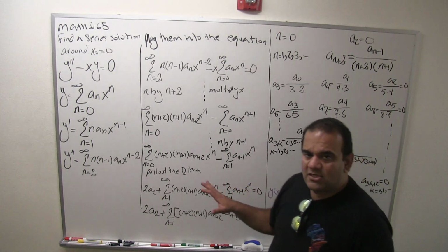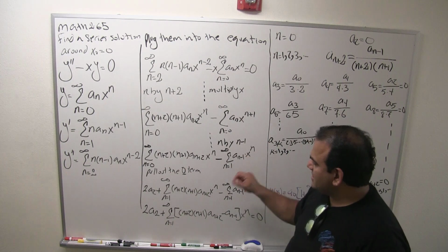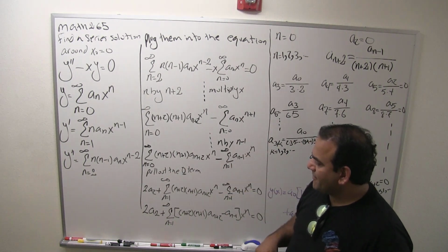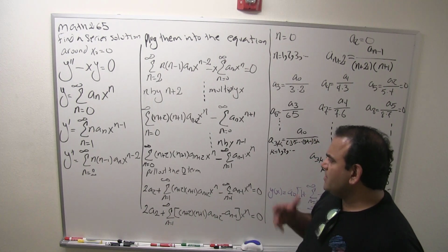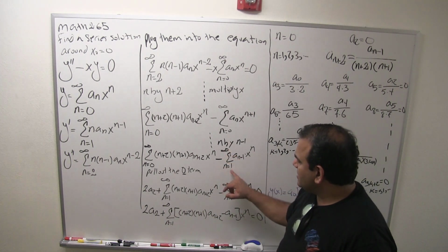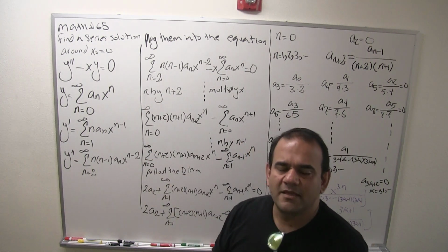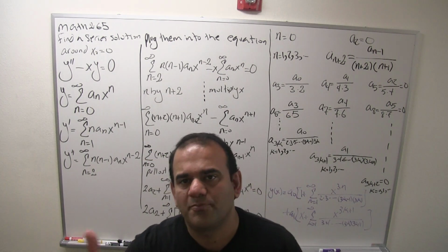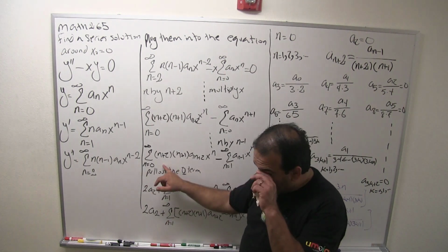Now we have two series with the same index and the same power of x, so that means we can combine the two. But we notice the index in this one goes from 1 to infinity, but the index of this one goes from 0 to infinity. So in order to match the indexes, we're going to pull out the 0 term from this series.